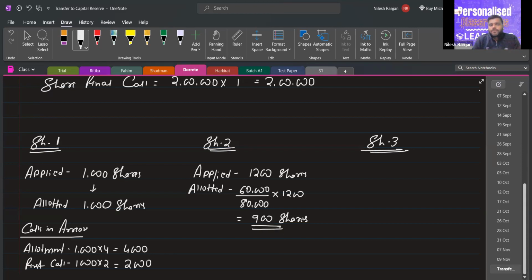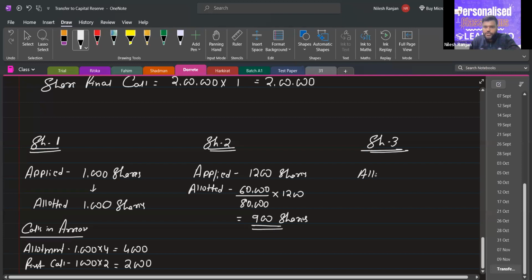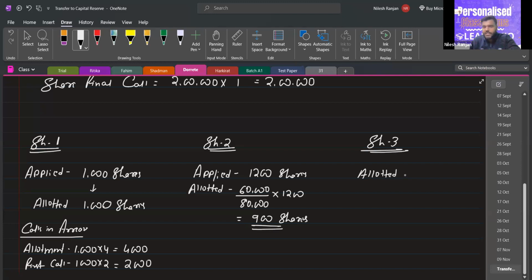And for applicants of the third category, holders of 1200 shares. Now here it is written holders of. It means we have allotted 1200 shares to him. So allotted share is given for third category. So allotted share is 1200. So we will calculate applied one.